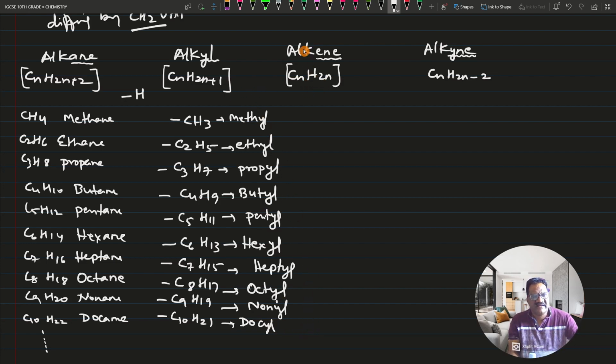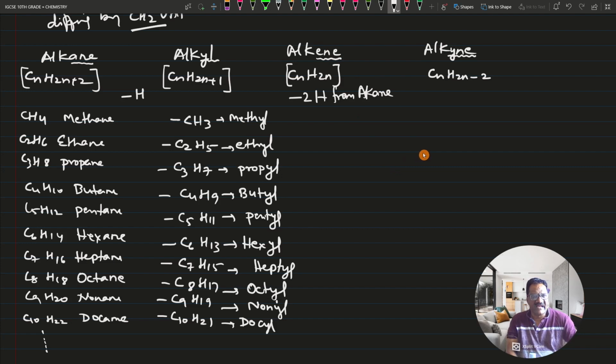Next comes alkene. Now alkene is something which you get by removing 2 hydrogen atoms from alkane. So alkene is a new group of hydrocarbons, a new family, and the names will end with ene.